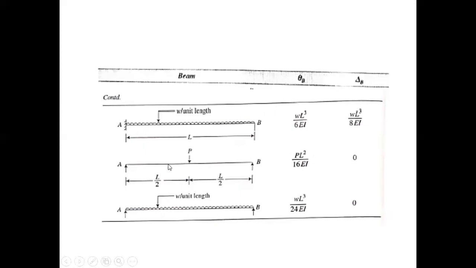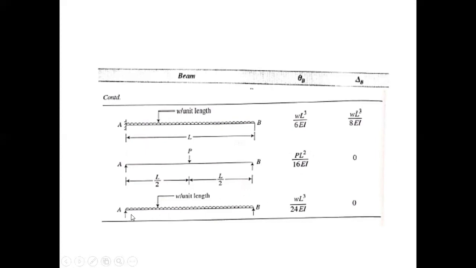In this case, again, the maximum deflection will occur under the load, whereas the slope will be maximum at the ends, that is A and B. Due to symmetry, we can easily conclude that slope at A will be equal to slope at B. So we are only concerned with slope at B, that is PL square upon 16EI, and deflection at the end will be 0, because this is a hinge support. It will not allow the vertical movement of the ends. Hence, the deflection at the support will be 0.